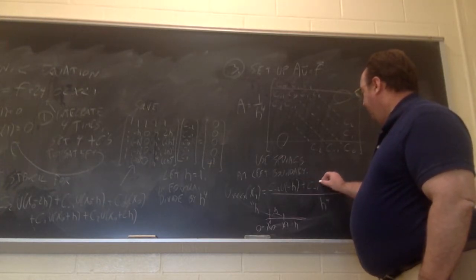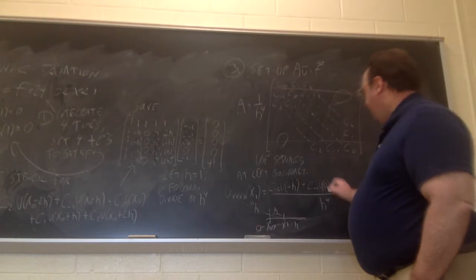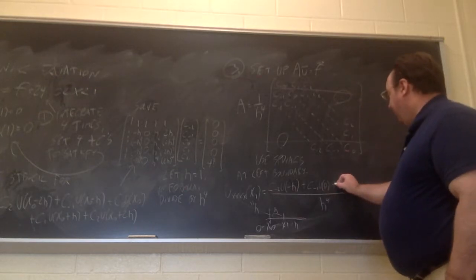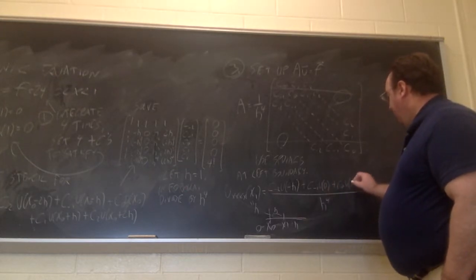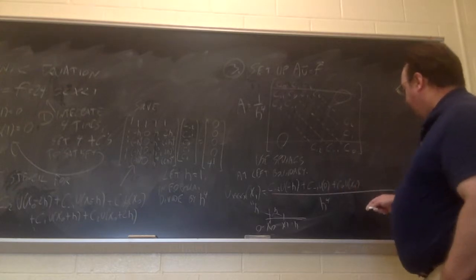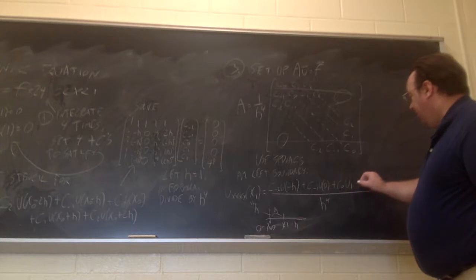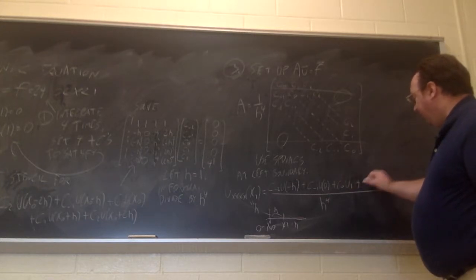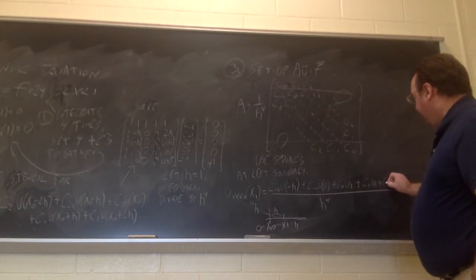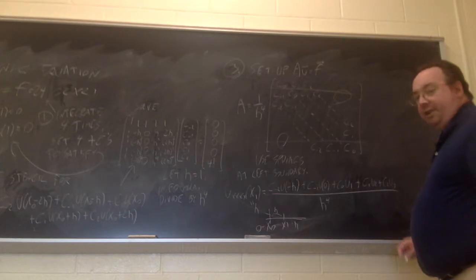Okay. And then c minus 1, u of 0, plus c0 u of x1, which is one of our unknowns. Actually, I'm going to just call this u1, again, because it's one of our unknowns. So then c1, u2, c2, u3.